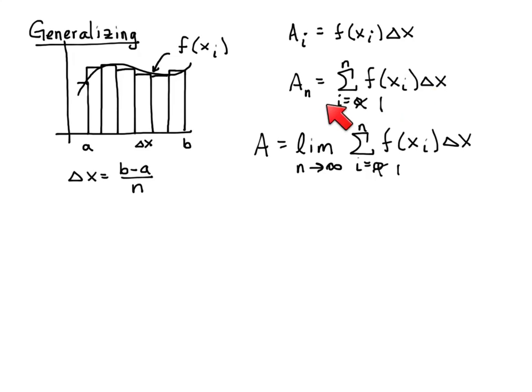And so I'm going to have the area of the total, my estimate under the curve. And so that's for n spaces. And remember, if we take n to infinity, we have the actual area.